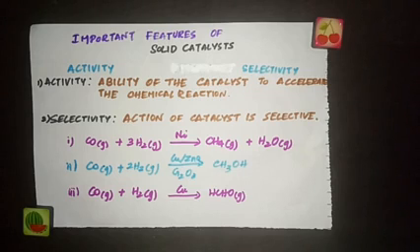For hydrogenation reactions, usually catalysts are from groups 5 to group 11, and the catalytic activity increases from group 5 to group 11, and maximum catalytic activity is shown by the metals belonging to groups 7, 8 and 9.